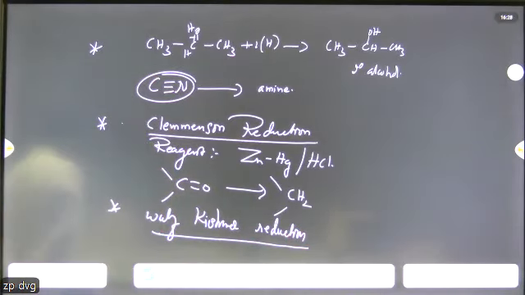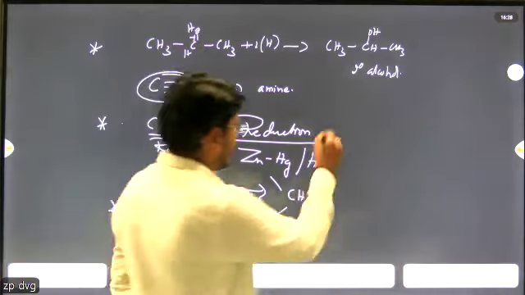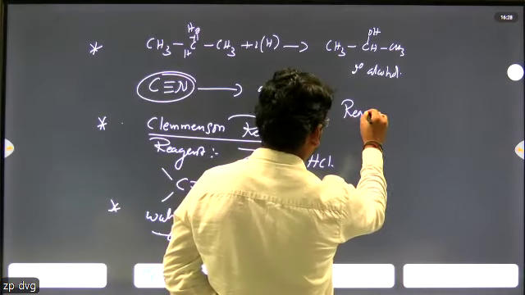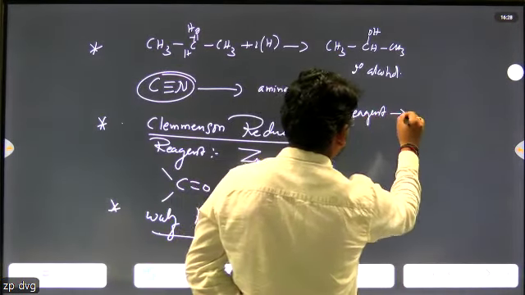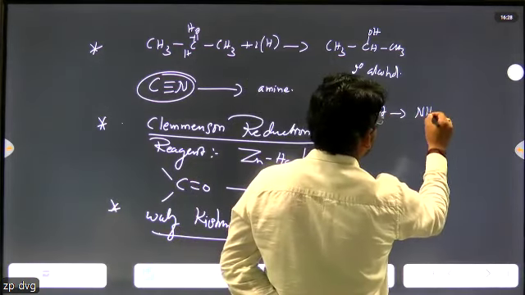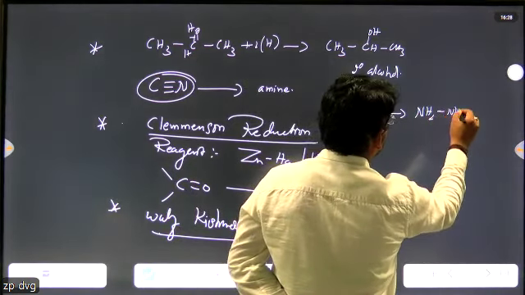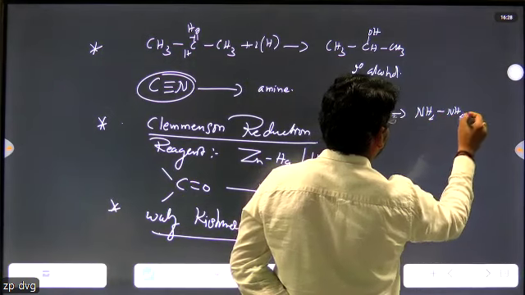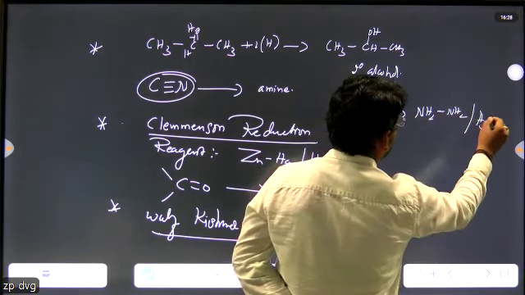If you consider Wolff-Kishner reduction, the reagent for the Wolff-Kishner reaction is hydrazine, NH2-NH2, and this undergoes further hydrolysis.